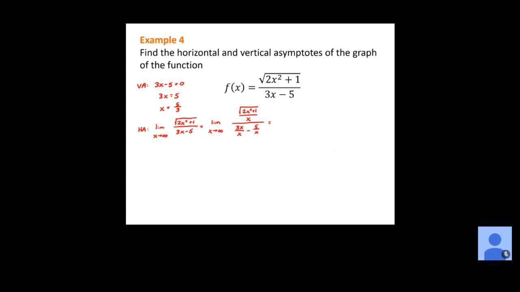If I move that x into the square root, what is it going to become? So not x cubed. Think about this.